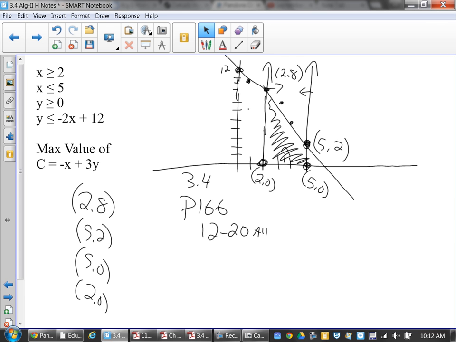We'll go 12 through 20 on those. On those problems, it's asking you to find both maximums and minimums. What page is it? 166. Starts on 166. So yeah, we were at the very end of the book, now we're in the beginning of the book. We're very schizophrenic.